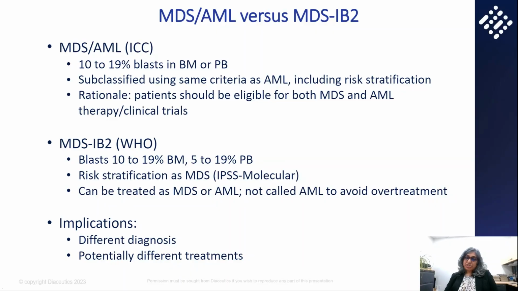So as you can see, just by this different nomenclature, the diagnosis can be different and they can result in potentially different treatments, because you are treating one group, if you follow the ICC classification, as more like AML, and the other one still retains the MDS nomenclature.